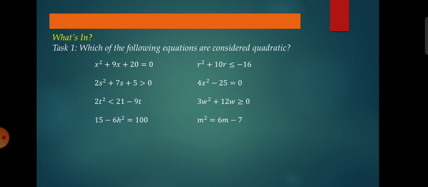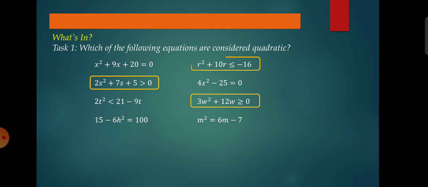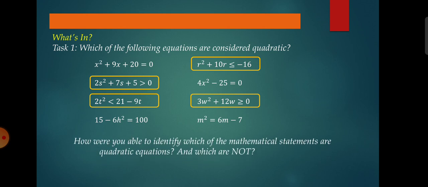So what about the remaining mathematical statements, like that one, that one, that one, and that one? What have you observed with these mathematical statements? How are you able to identify which of the mathematical statements are quadratic equations?